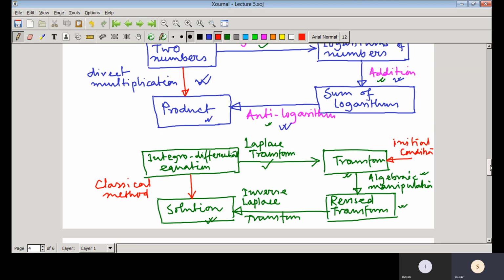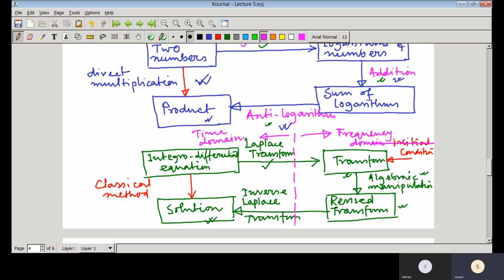And here there is one very important concept. In this particular case, whenever we do the Laplace transform, this side is done in the time domain. After the Laplace transform, when it comes into algebraic form, it becomes the frequency domain.